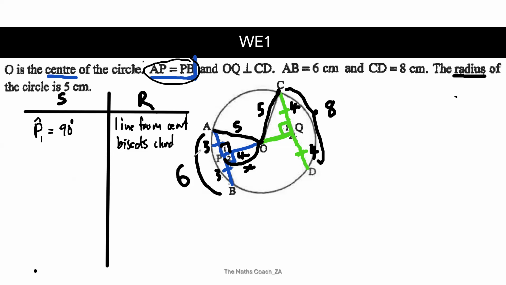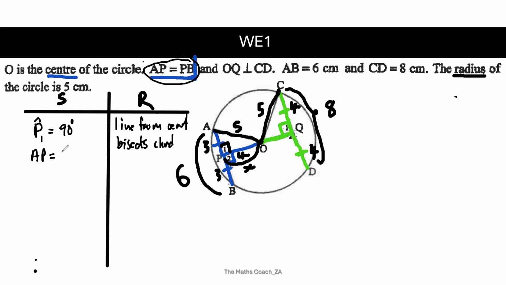The next thing that we're going to do, now that we have justified why that thing is that, is to declare that AP must be equal to PB. In fact, we know this, it was given, there it is.